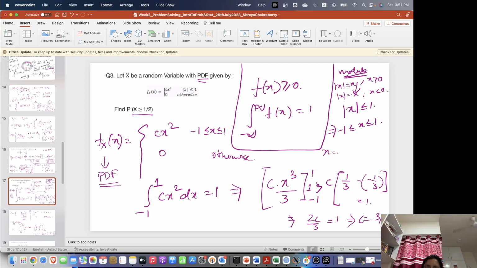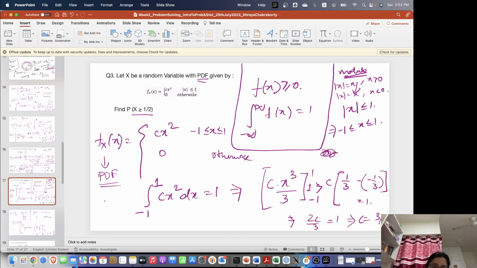Ma'am, one more doubt. In the range -1 to 1, c x square dx became c x cube by 3. How did it come?